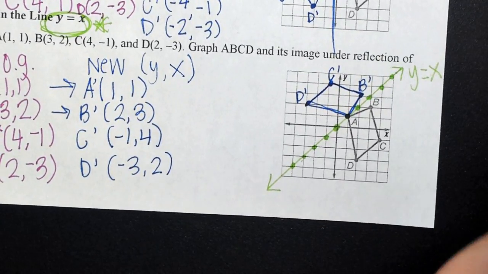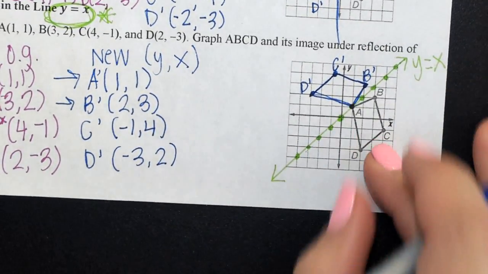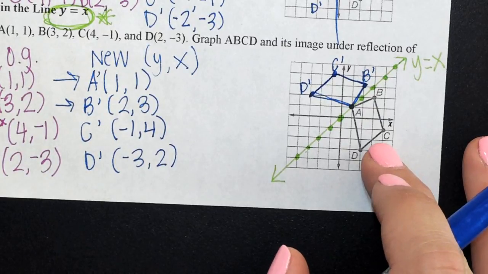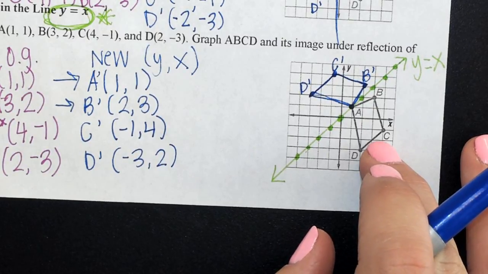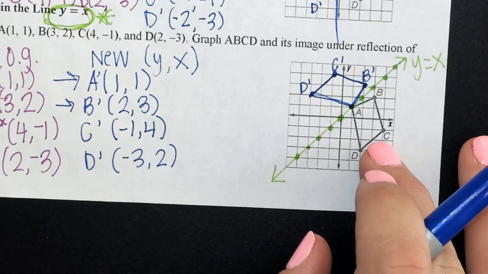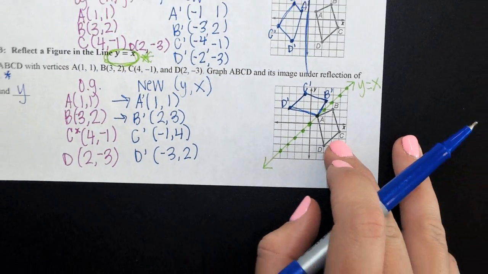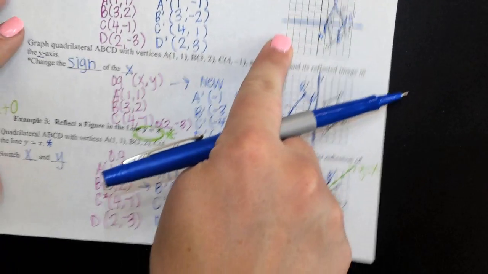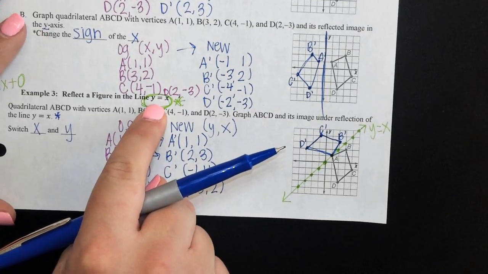So that's the reflection over the line y equals x. And that's all of this lesson. So there's 3 different cases. You're reflecting over a line, reflecting over an axis, or reflecting over y equals x.